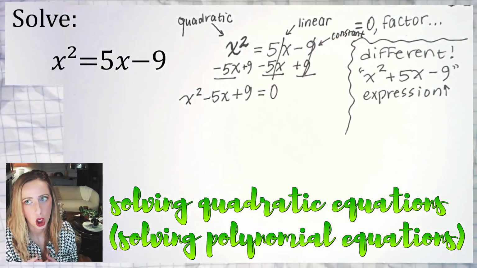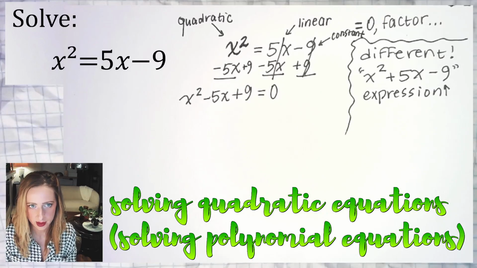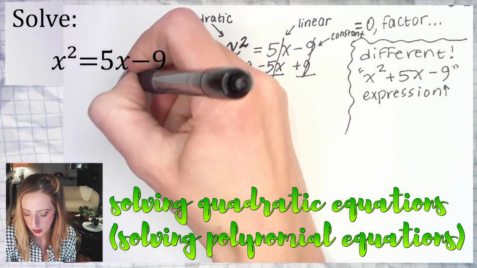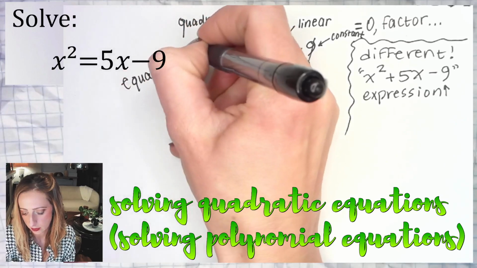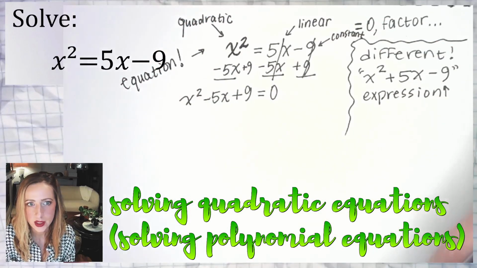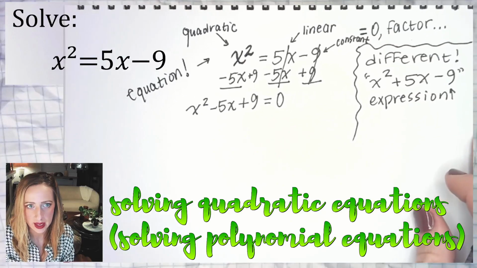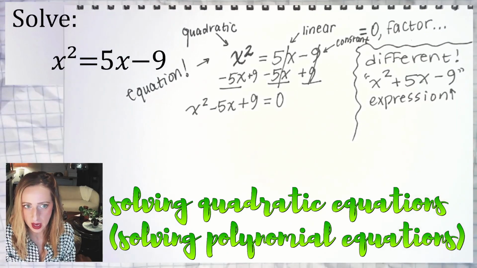Now we said if we're going to solve this equation, right? If we're going to solve something like this, that means that you want to try to solve by factoring first.